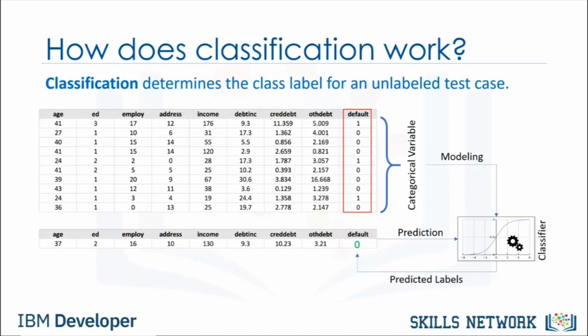This is how a classifier predicts an unlabeled test case. Please notice that this specific example was about a binary classifier with 2 values. We can also build classifier models for both binary classification and multi-class classification.